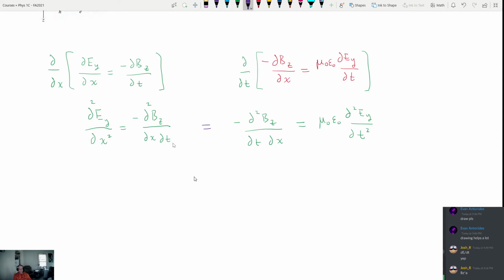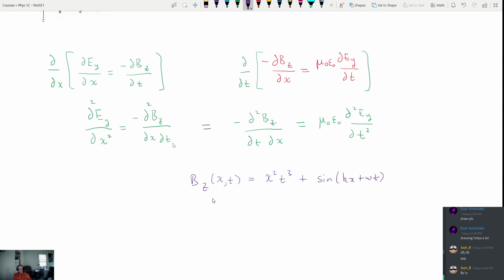I can give you a really simple example of this, just to make it clear what I'm saying here. Suppose that I tell you I have an equation Bz of x and t, and it doesn't matter what I pick. So let's say it's x squared t cubed plus the sine of kx plus omega t. K and omega are just going to be constants, okay?